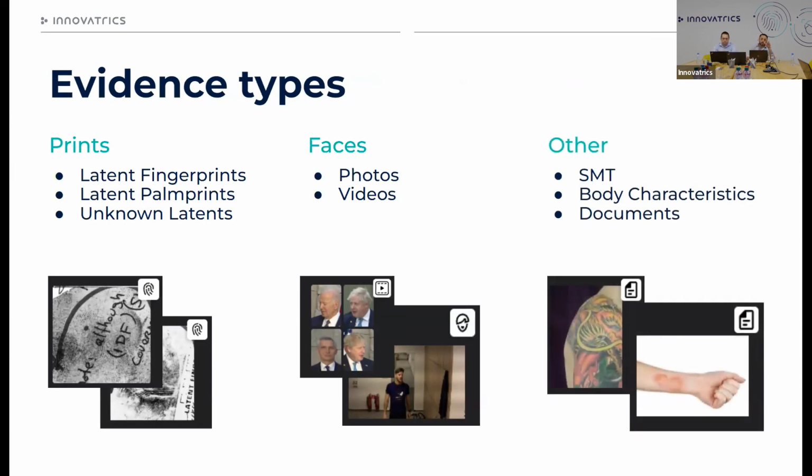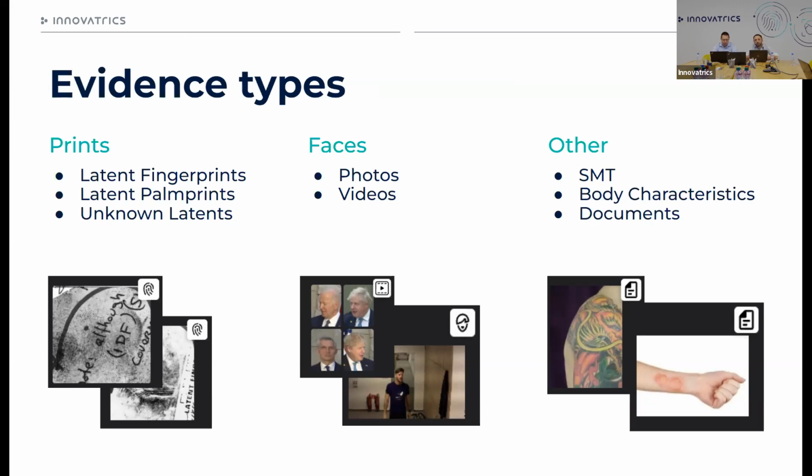SMT stands for scars, marks and tattoos, and they are described by the SMT codes on the EBTS specification. So in this case, when working with body characteristics or SMTs, the identification is done via matching textual codes, not biometric, but textual codes.